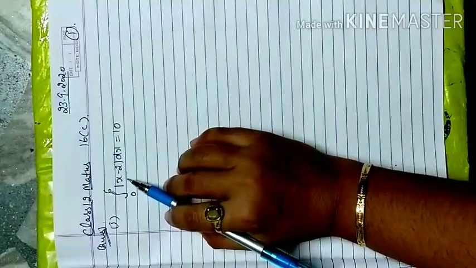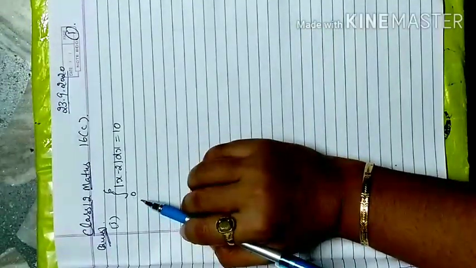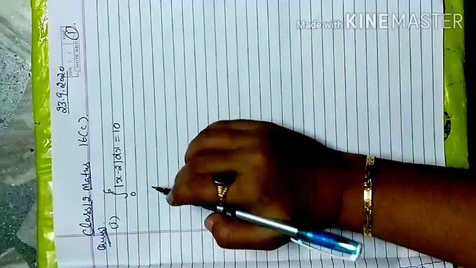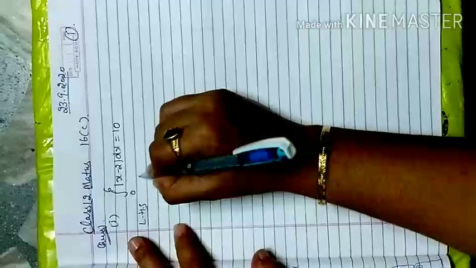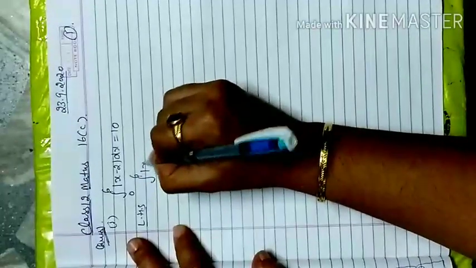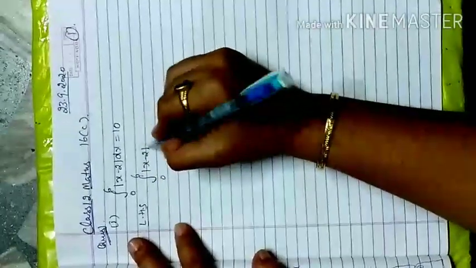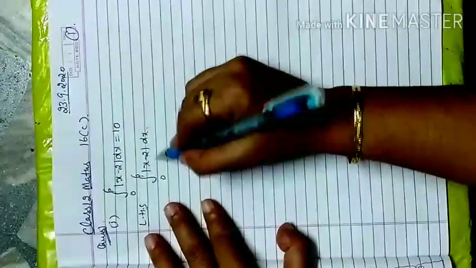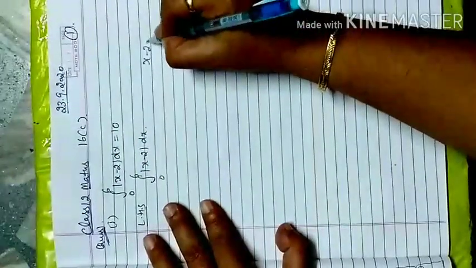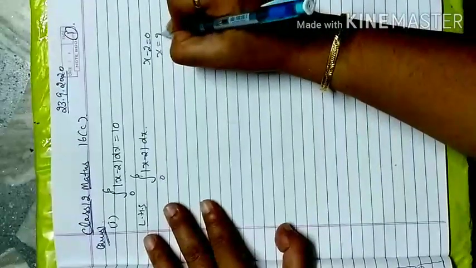First you have to think which term of x lies between 0 to 6. So you just pick the left hand side, that is integral 0 to 6 modulus x minus 2 dx. Here, what you will do, x minus 2 is equal to 0, that means x is equal to 2.